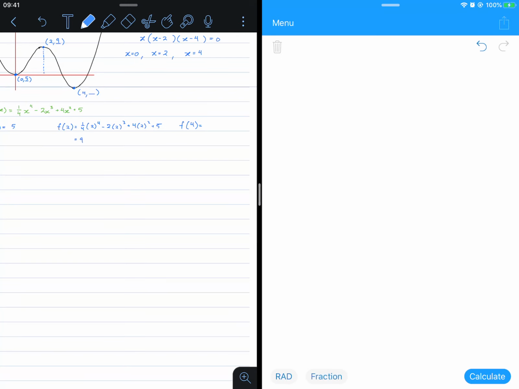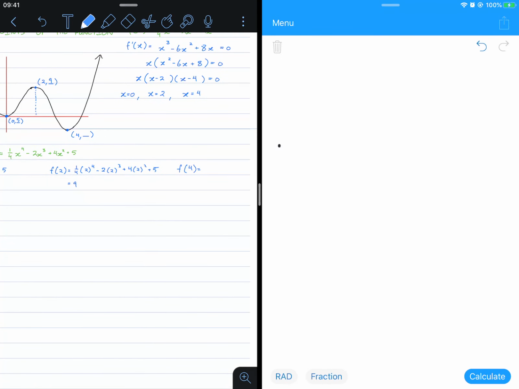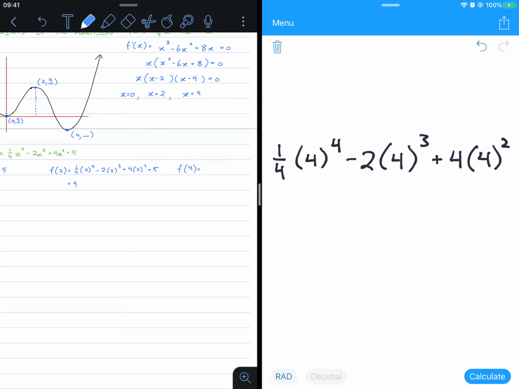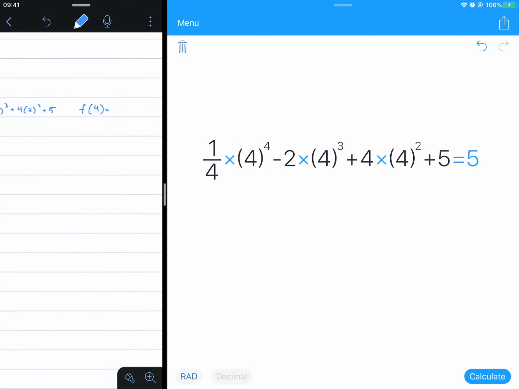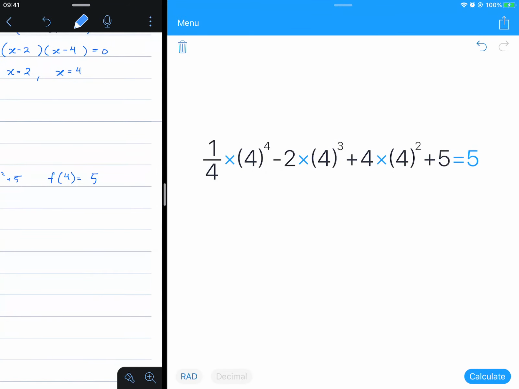Let's try it again. 1/4 4 to the power of 4 minus 2 times 4 to the power of 3 plus 4 squared plus 5. This gives us 5.